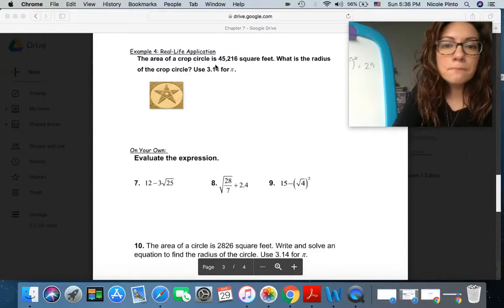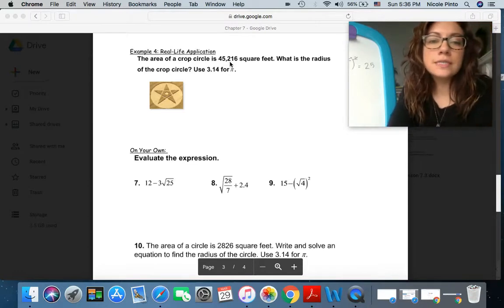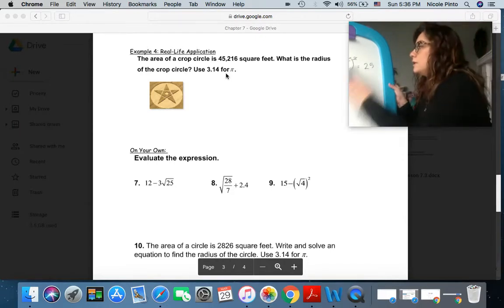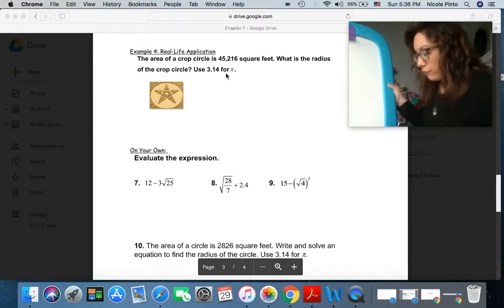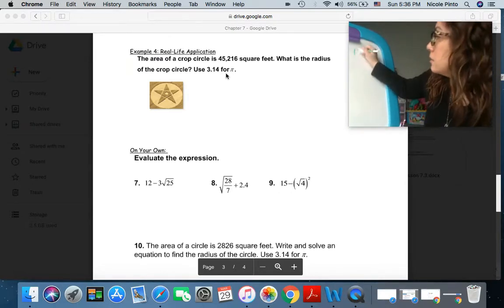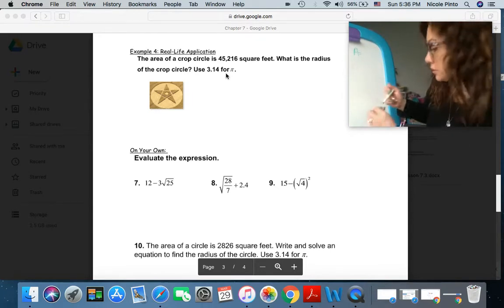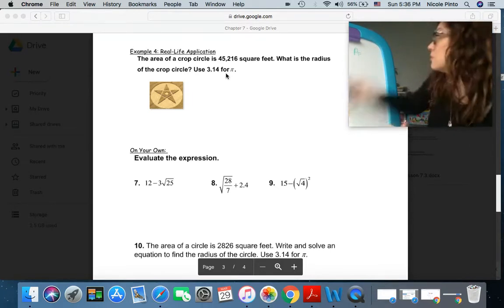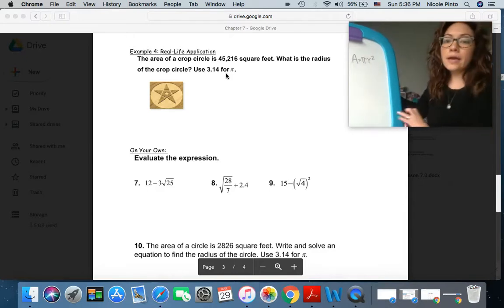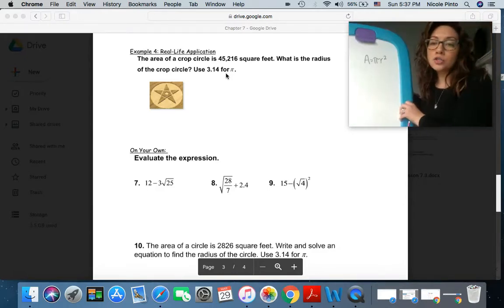A crop circle is 45,216 square feet. What is the radius of the crop circle? Use 3.14 for pi. So the first thing I want to think of is my area formula. Okay, area of a circle would be your pi r squared.